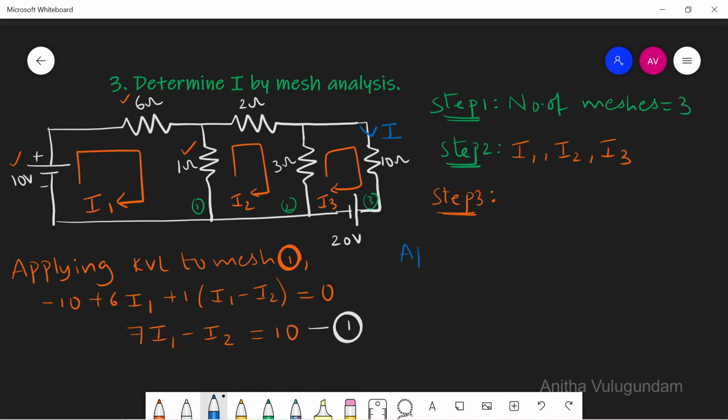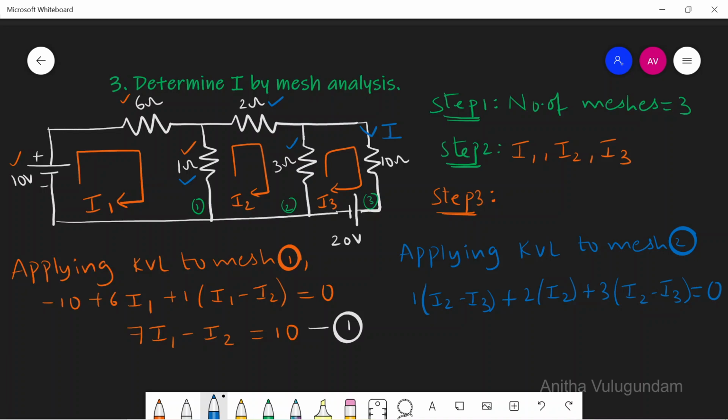Next, applying KVL to mesh 2. I'll start with 1 ohm, then writing voltage drop across 2 ohm, then with 3 ohm. 1 into I2 minus I3 plus 2 into I2 plus 3 into I2 minus I3 equal to 0.